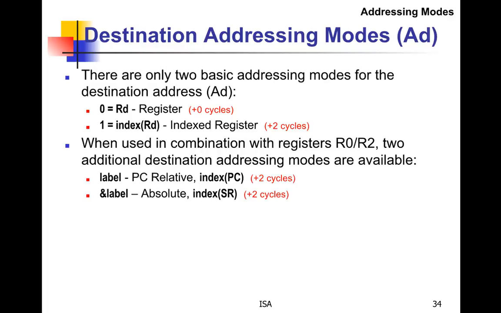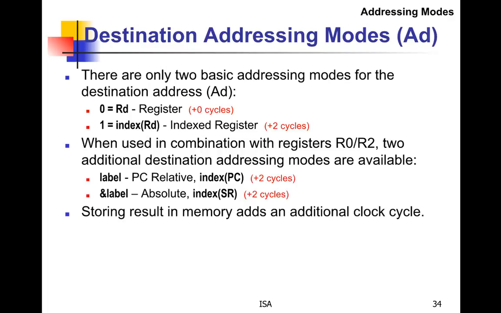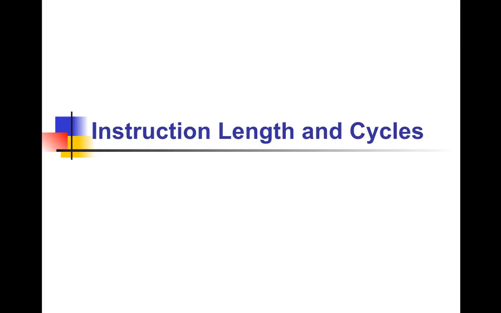That's ampersand label that goes to the actual number, whatever the label is. That's where it goes. Storing results in memory adds additional clock cycles.